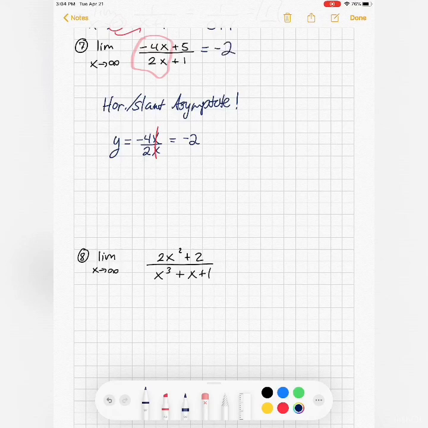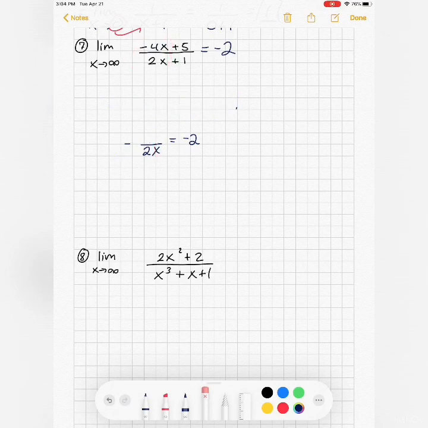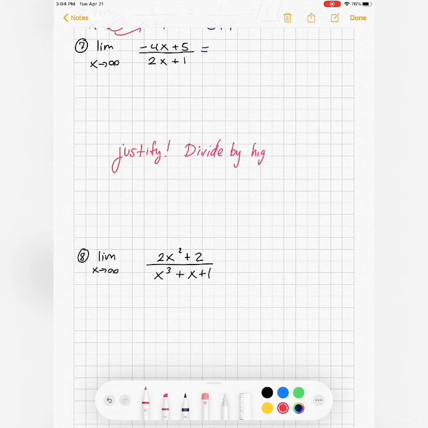So I can tell you immediately the answer to this question is -2. Okay, however, I still want to justify. Okay, so how am I going to justify that answer? So remember, I divide by the highest power of x.